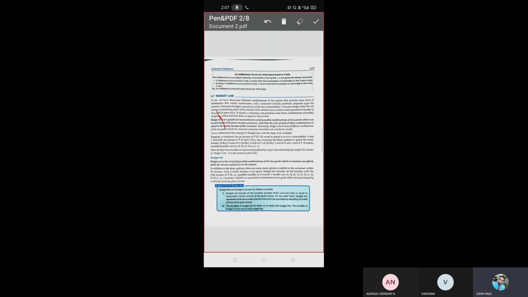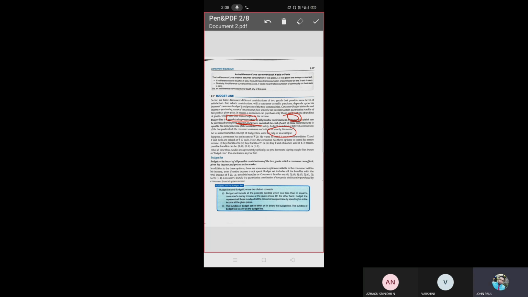So what is the budget line? It's a graphical representation of all possible combinations of two goods that can be purchased by the consumer for his income and price. The budget line is the locus of different combinations of two goods which the consumer consumes and which cost exactly his income.